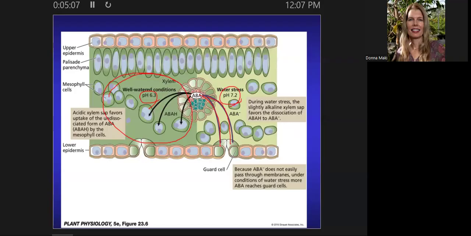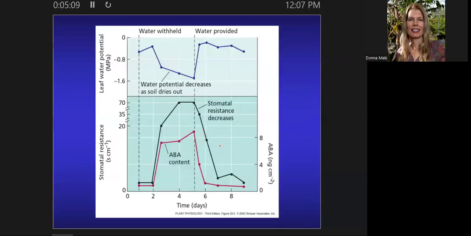So they've done lots of experiments with this, and here's some data showing what happens if you withhold water. Up here, you see the water is being withheld and the water potential in the leaf starts to go more and more negative. That definitely says they're under some water stress. Then if you follow the dotted line down to this lower graph, you can see stomatal resistance in the black line.